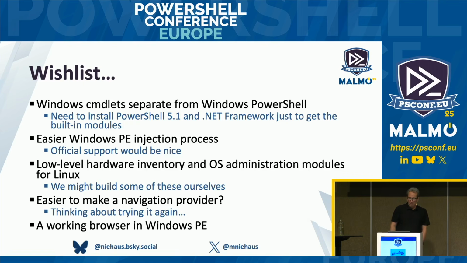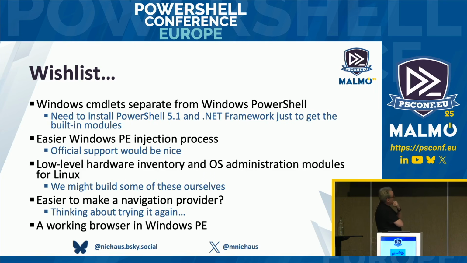We've already done the demos. We do have a wish list in the probably 30 seconds that I have left. We really would like to have the PowerShell commandlets from 5.1, or really from Windows, separate from 5.1 so that we could install those separately. We would really like an easier Windows PE process that is supported. We'd like Linux to provide more commandlets that are actually useful.